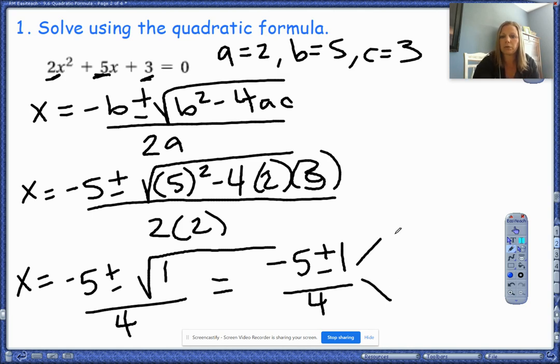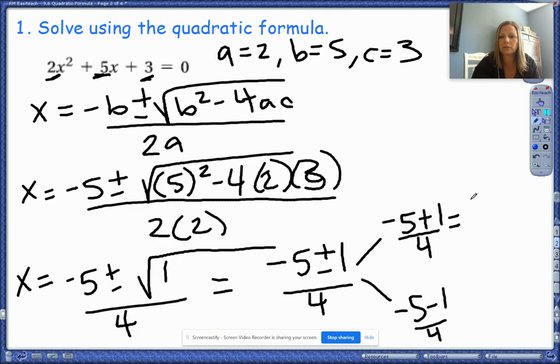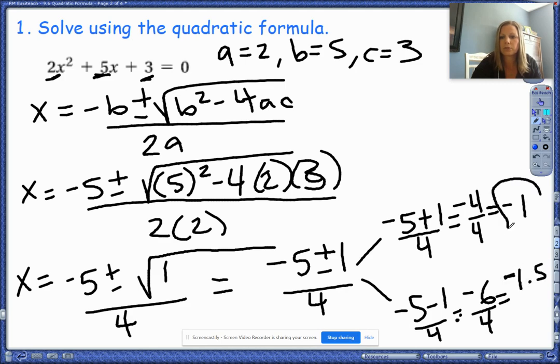So I'm going to have two problems, negative 5 plus 1 over 4, negative 5 minus 1 over 4. So negative 5 plus 1 is negative 4 over 4, which is negative 1. And then negative 5 minus 1 is negative 6 over 4. And that's going to be negative 1.5. So those are my two solutions.